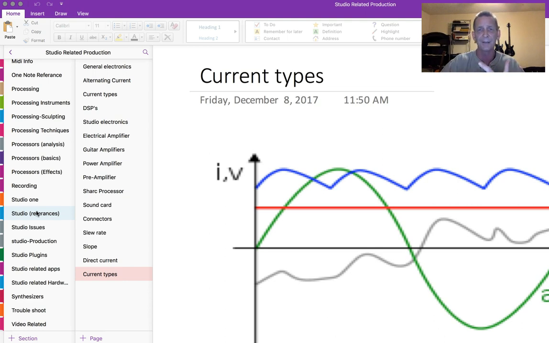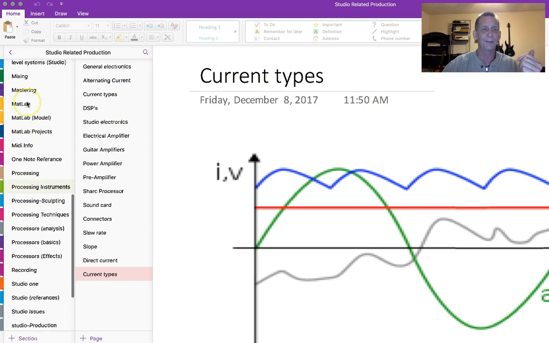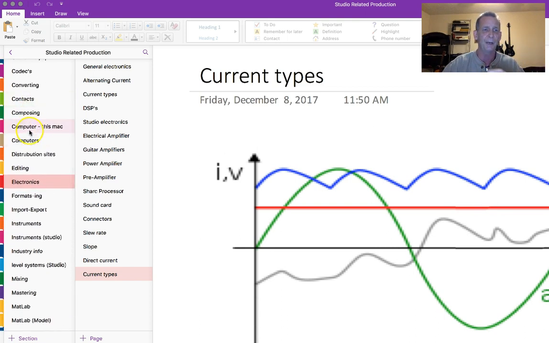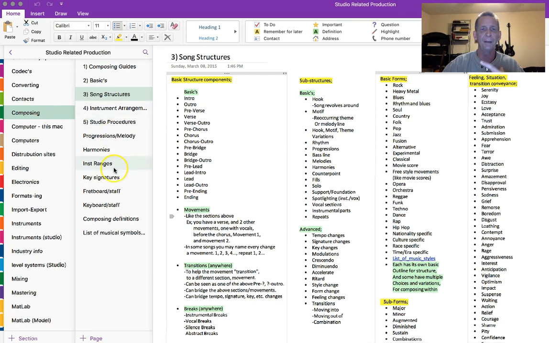Digital signal processing, analog signal processing, music theory, composition. Composition was a huge one. I started going through composition, and I realized that I hadn't laid things out as well as I could, and I really hadn't spent nearly as much time.